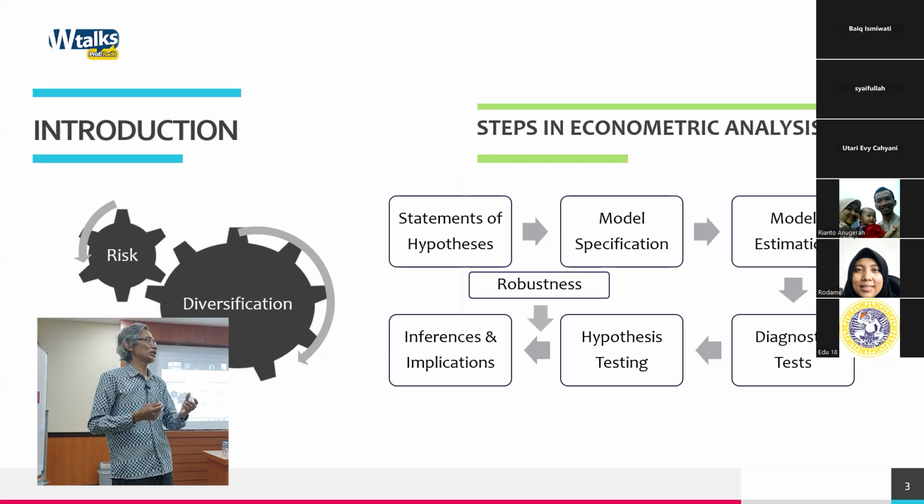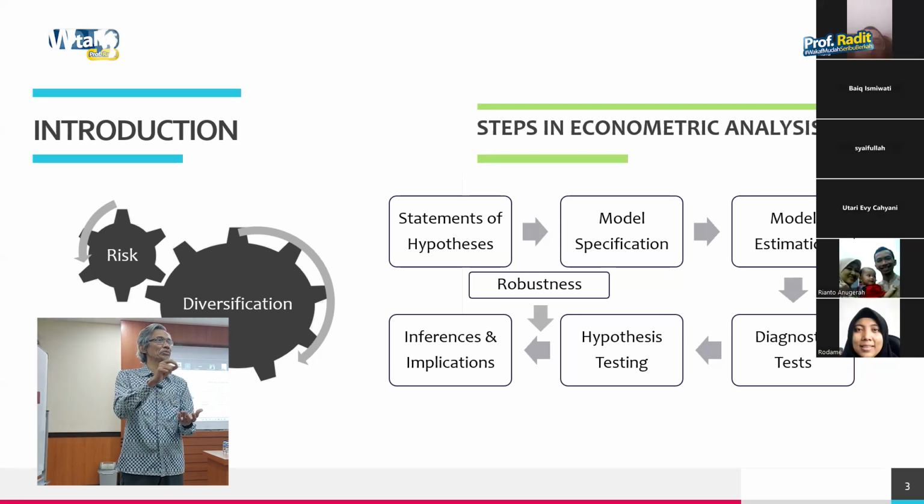So the theory basically does not give you clear answers on whether the impact is positive or negative, and that's why you want to do empirical analysis. We do not know for sure whether positive or negative. Data will tell us. So you must have those theoretical foundations to underline your hypothesis.